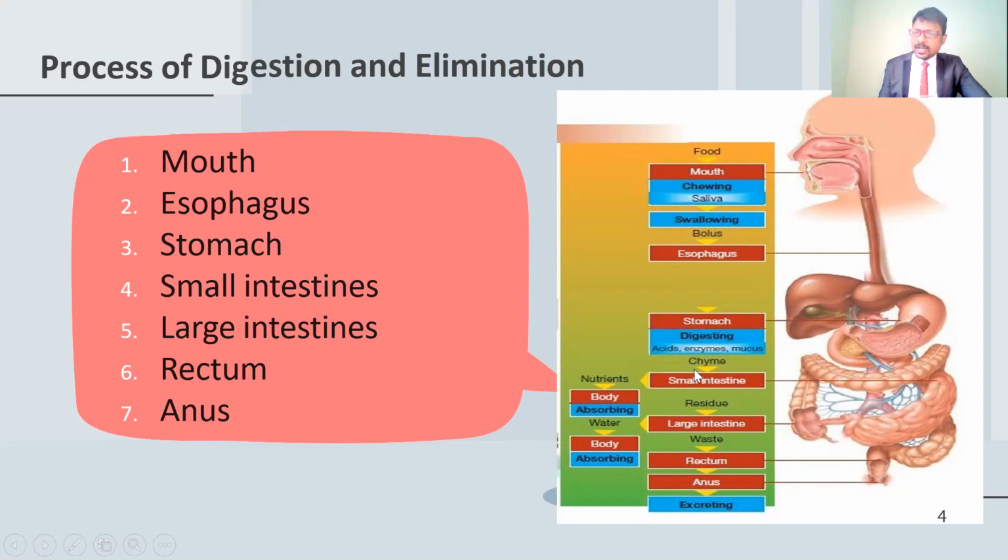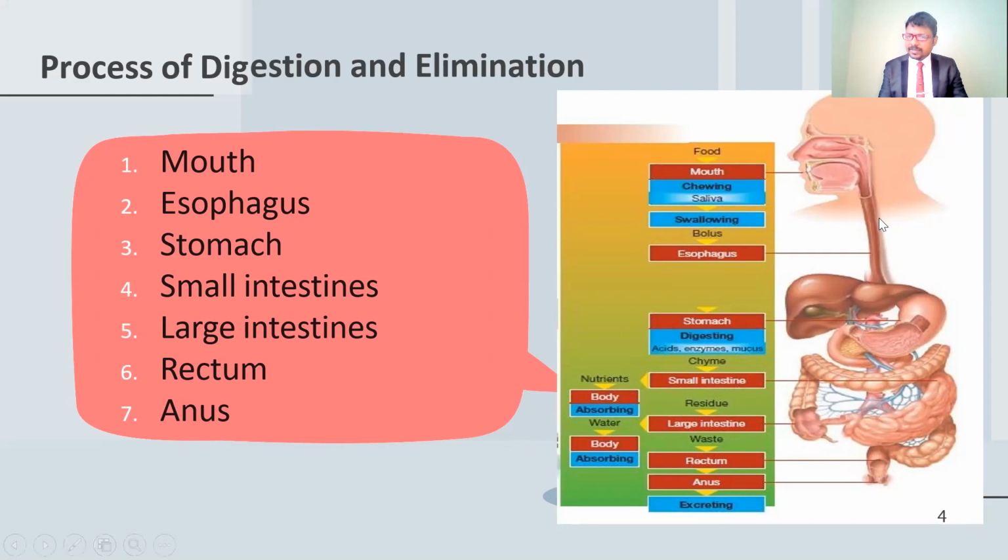The waste material, the chyme, then goes to the large intestine, where reabsorption of water and minerals takes place. The waste material then goes from the large intestine to the rectum and the anus, and is excreted.